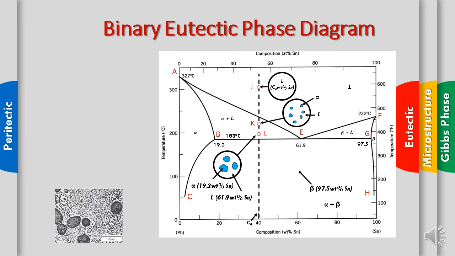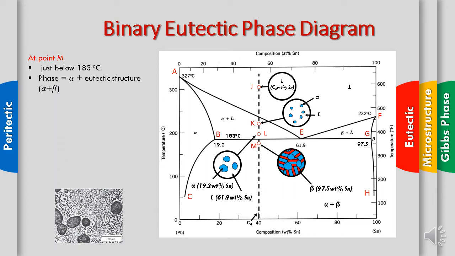And we look at the point M. At point M, just a little bit below 183 degrees Celsius, we have the alpha plus eutectic structure.